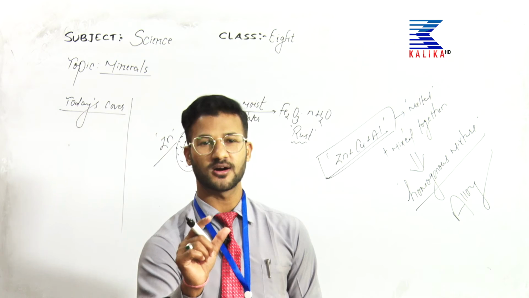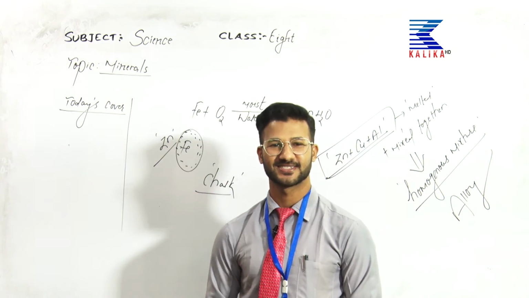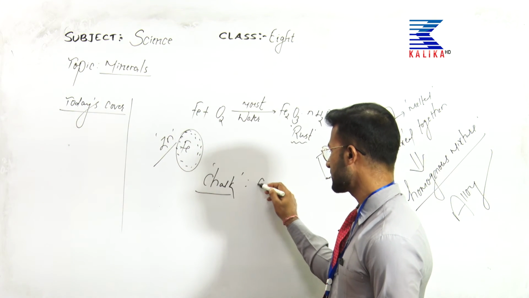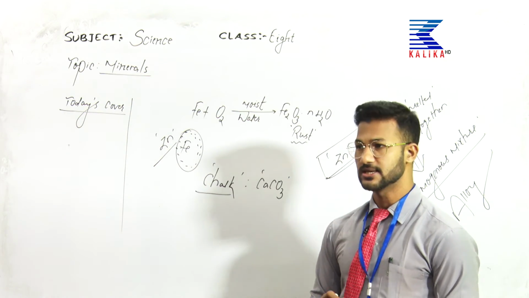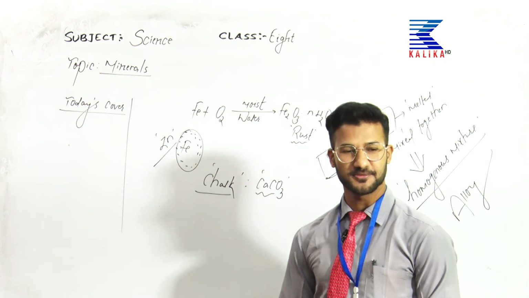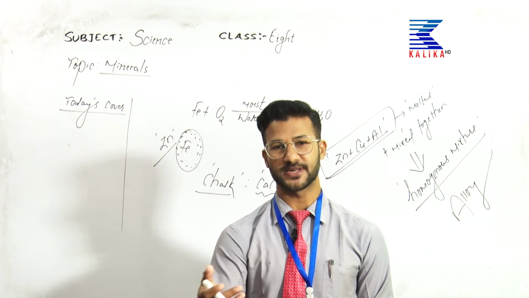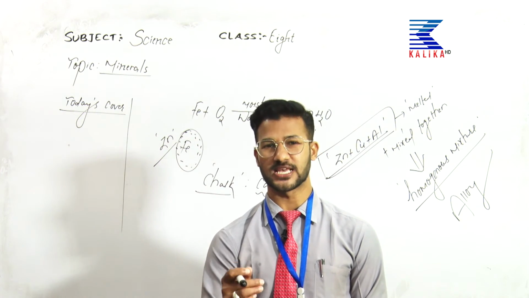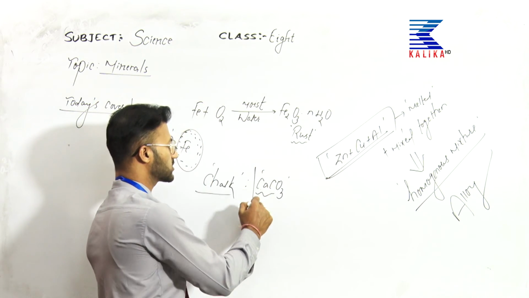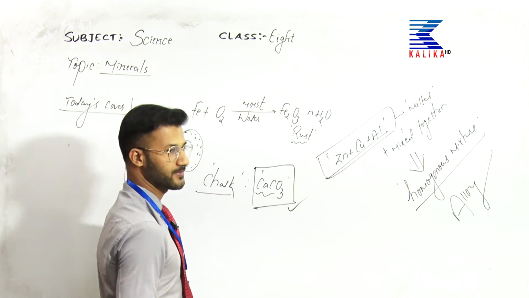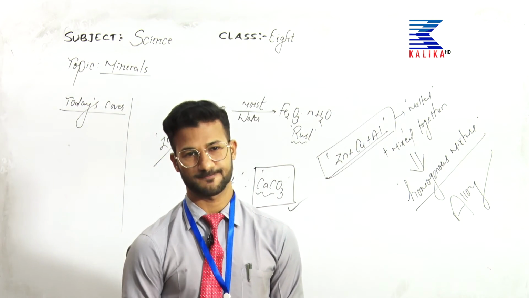That white chalk is also made up of limestone. Limestone means chalk, and the chemical formula is CaCO3, calcium carbonate. It is soft in nature, meaning it breaks down easily, and it is affected even by acid rain. When acid falls on this calcium carbonate, a chemical reaction begins and different products form.